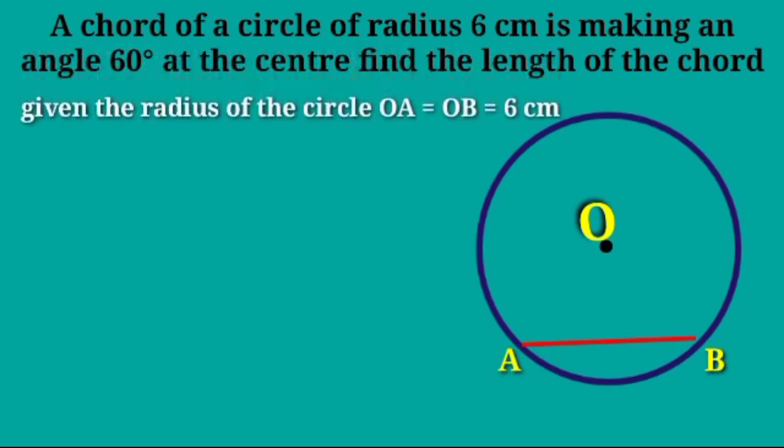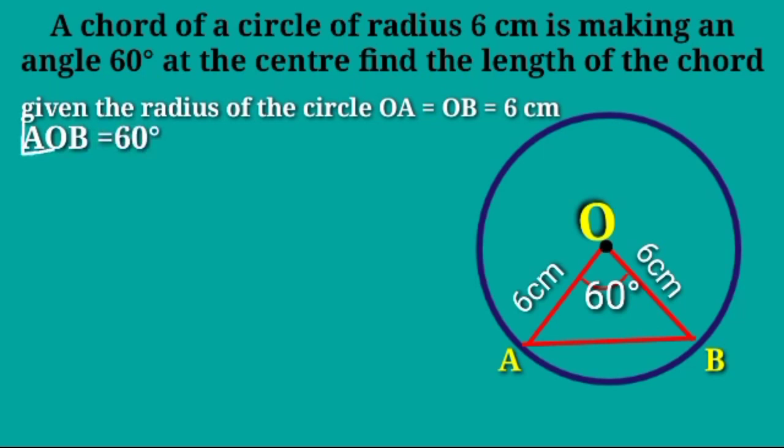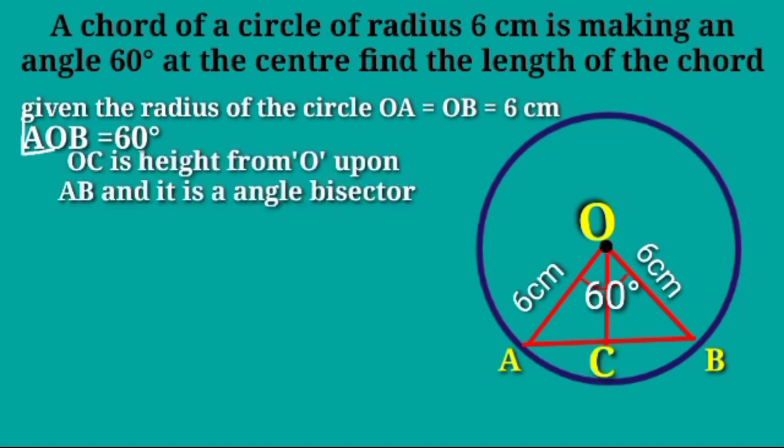Given the radius of the circle, OA is equal to OB is equal to 6 centimeters and angle AOB is equal to 60 degrees. OC is the height from O upon AB and it is an angle bisector.